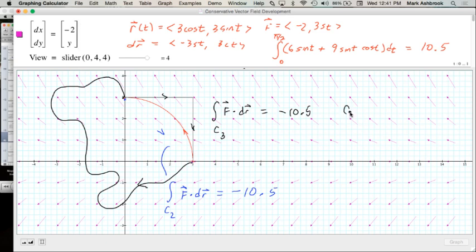So conservative vector fields are? Conservative fields are what's called path independent.